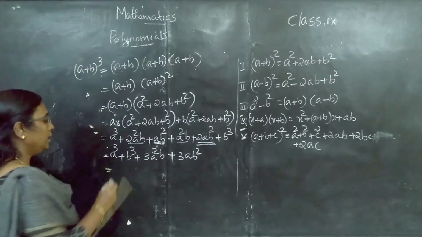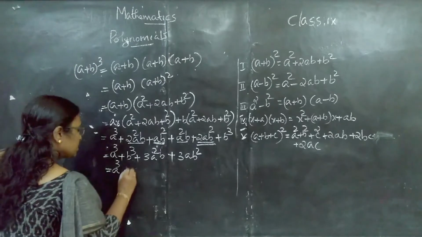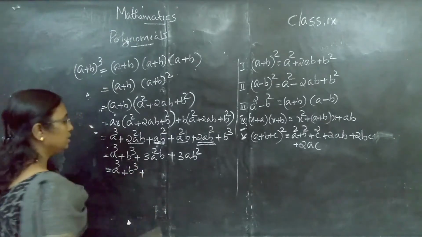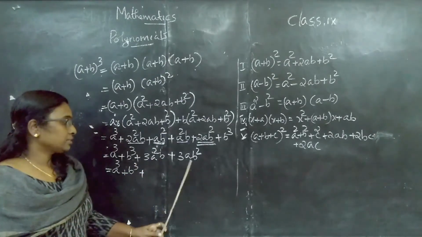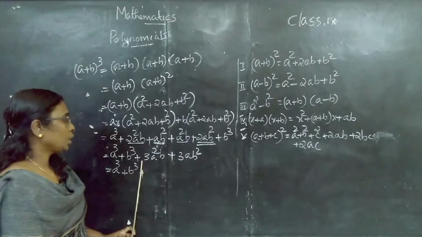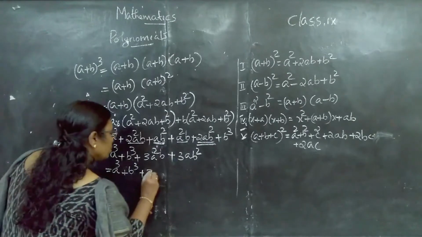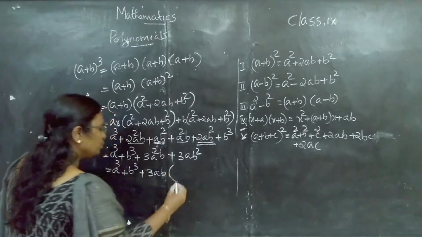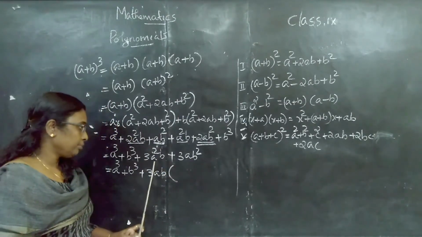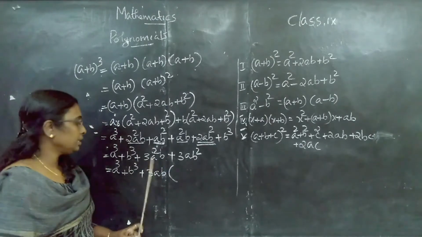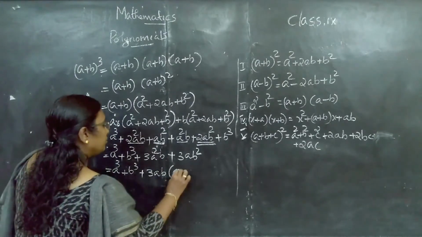This equals a cube plus b cube plus, what is the common factor in these two terms? The common factor is 3ab. So 3ab into, if we take 3ab from this term, the remaining factor is a.